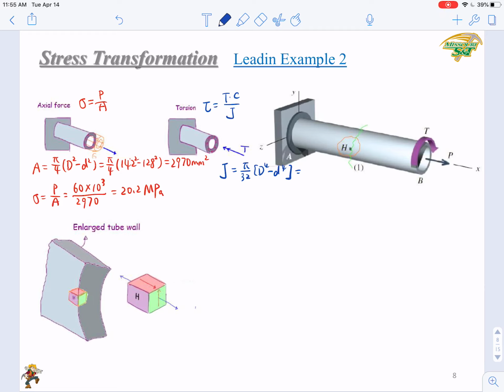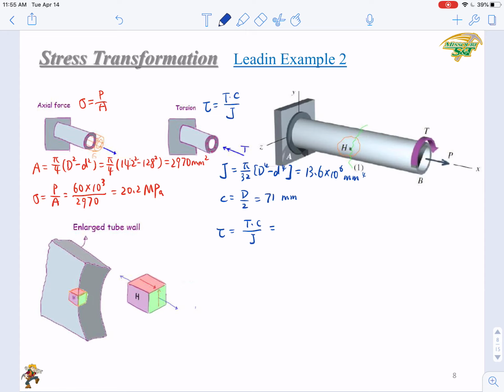So you will get a result that is 13.6 million mm to the 4th. And c will be half D, right? That is 71 millimeter.